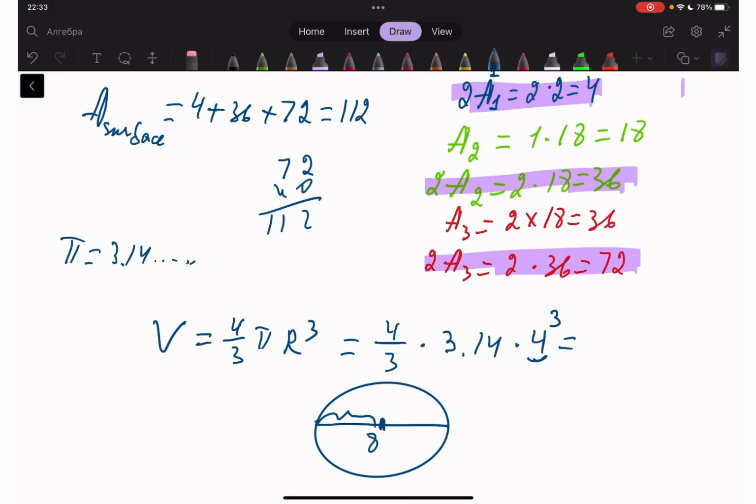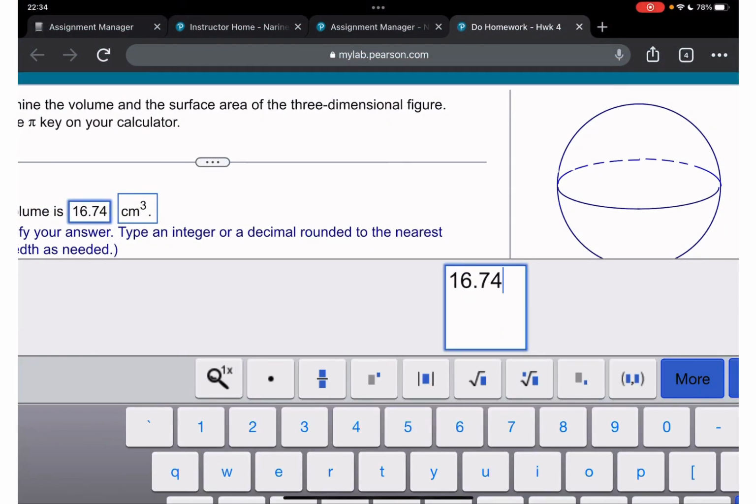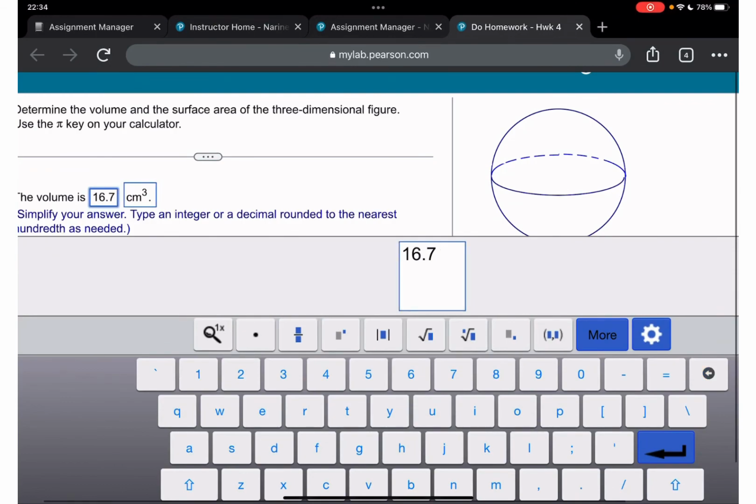So 4 cubed is going to be 64. So 64 times 4 times 3.14 and dividing by 3. We are getting 267.95, rounded to the second decimal. Okay, in centimeter cube.